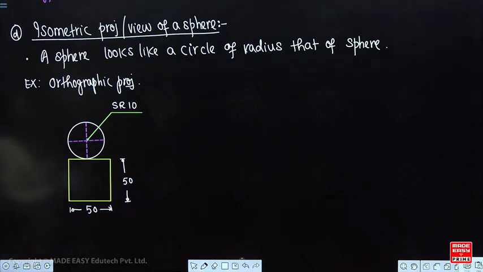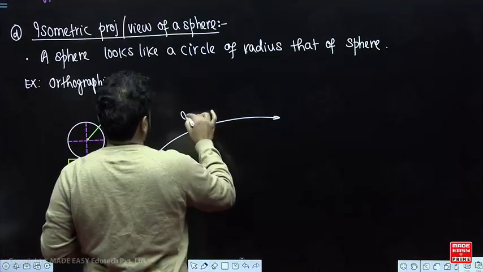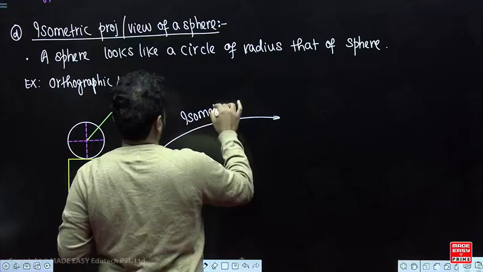Done? Now see, let us draw the isometric projection first.